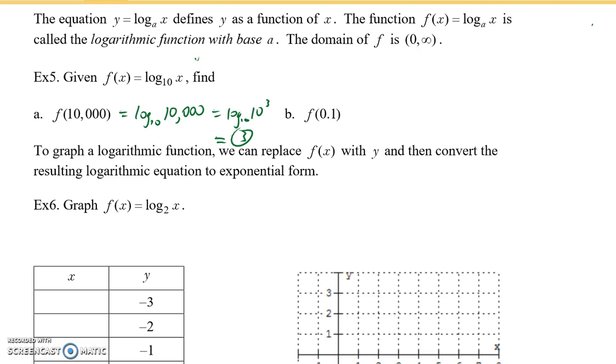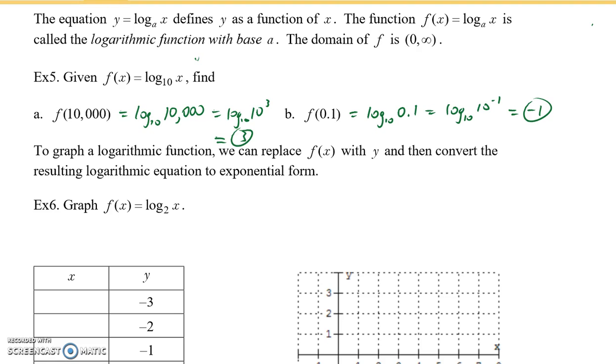What about f of 0.1? This would be interpreted as log base 10 of 0.1. Now 0.1 is a power of 10. It's 10 to the negative 1 power. 10 to the negative 1 is 1/10, and 1/10 is the same as 0.1. By our cancellation property, that should simplify just to the exponent, negative 1.